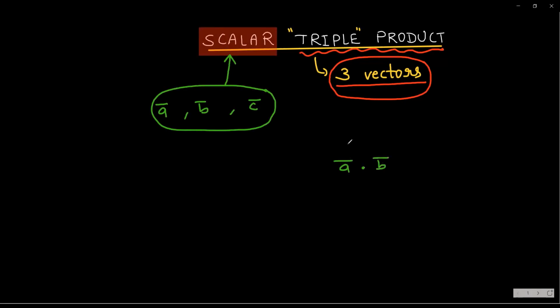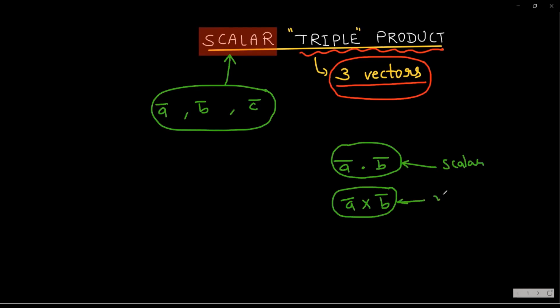We call that the scalar product of 2 vectors, that is the dot product of 2 vectors. You can also multiply 2 vectors in a way to give you a vector. That you call the vector product of 2 vectors, or cross product of 2 vectors. So in the product of 2 vectors, we can get a scalar and we can get a vector.